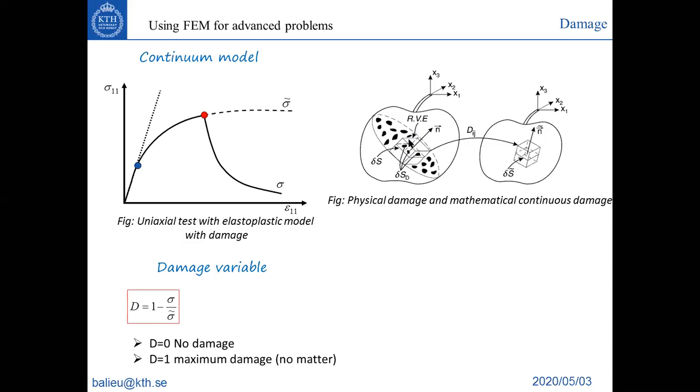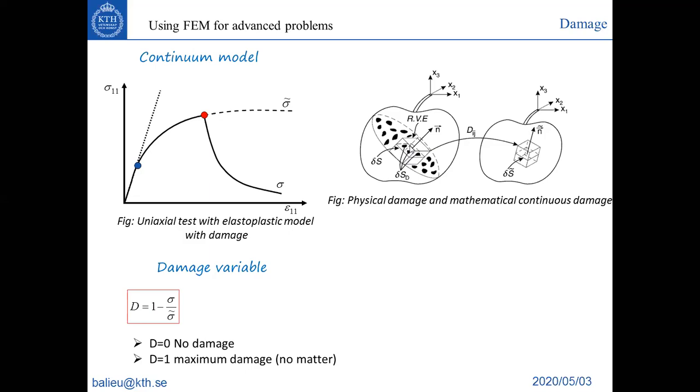If you look at this RVE, there is one resisting area, or cross section, delta S, and there is a damaged area. On this surface there are some micro cracks or voids or whatever, which are due to the damage in the structure.